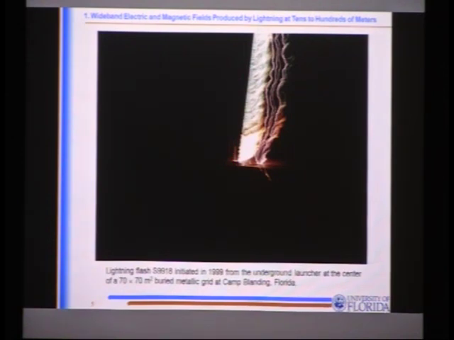And in this experiment, the launcher was entirely below ground surface in order to reduce its influence on measured fields. Electric and magnetic fields were measured at 15 and 30 meters. And on the next slide, I'm going to show some electric field and electric field derivative measurements for one of the strokes in this particular flash.